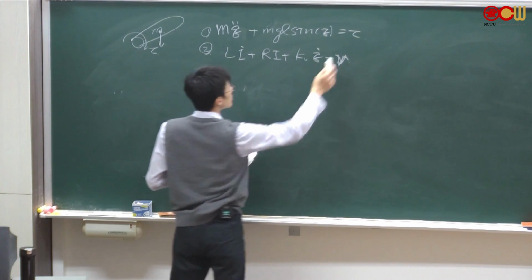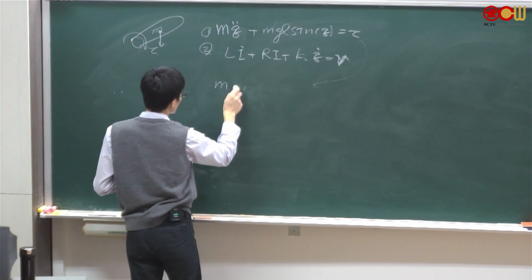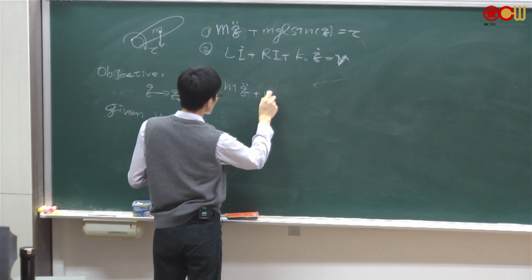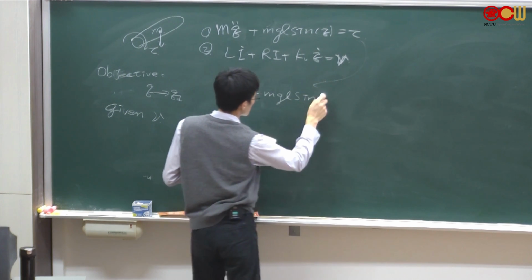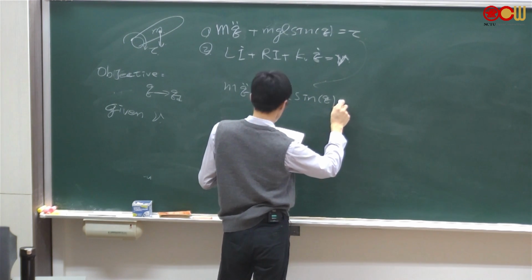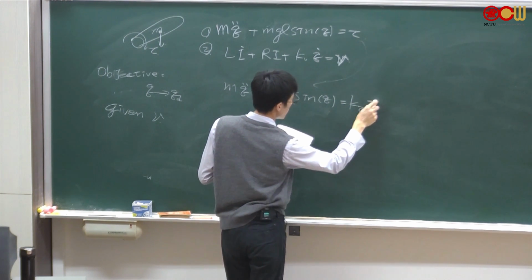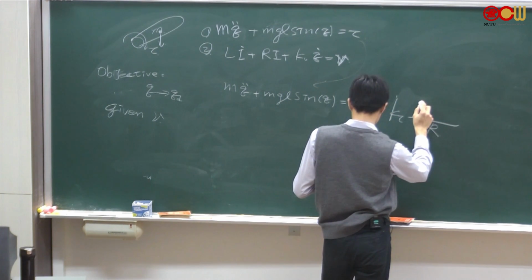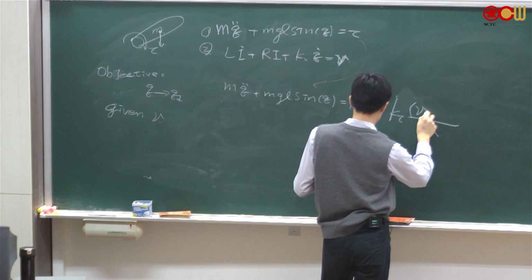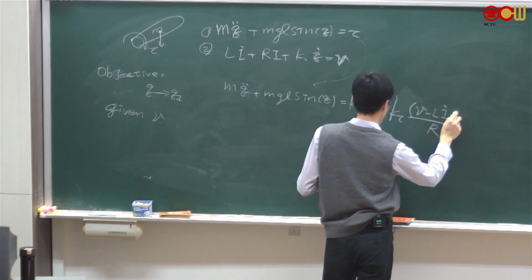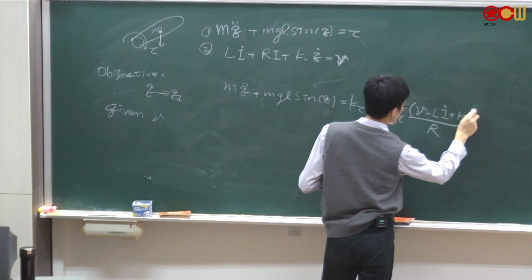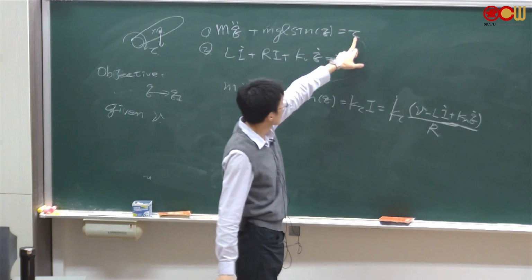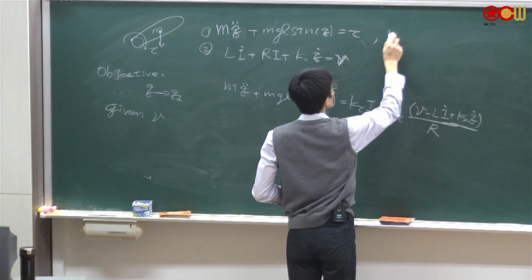Voltage. Using this relation, we combine the two equations because tau is proportional to the current.